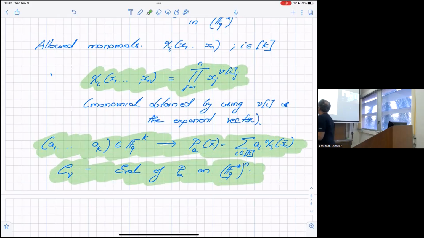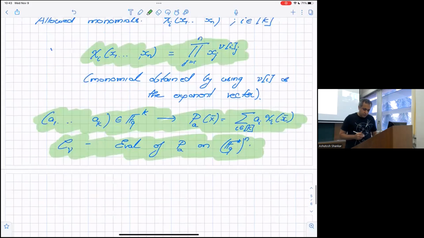The description only requires the V vectors. We will use the fact that the V vectors have matching vectors U to be able to decode. So that's the description of the code.